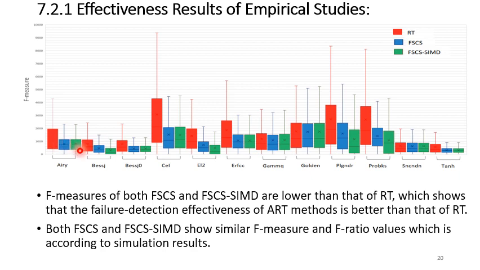It means that the failure detection effectiveness of FSCS-SIMD and FSCS is much better than random testing. Both FSCS and FSCS-SIMD show similar F-measure and F ratio values, which is consistent with the simulation results.